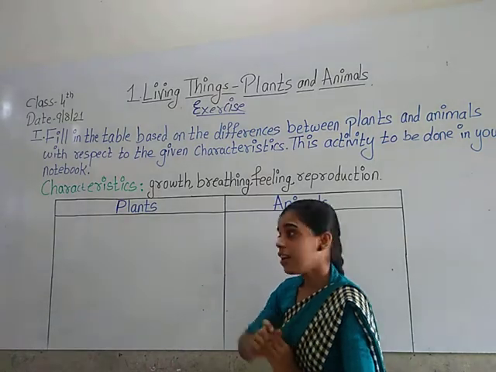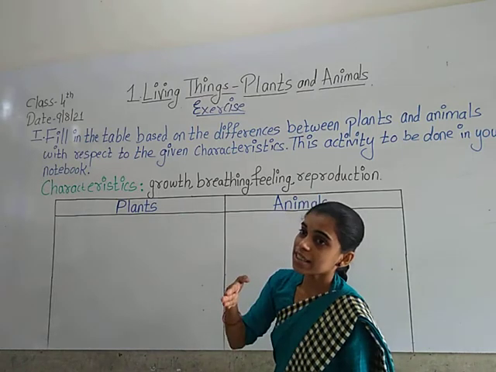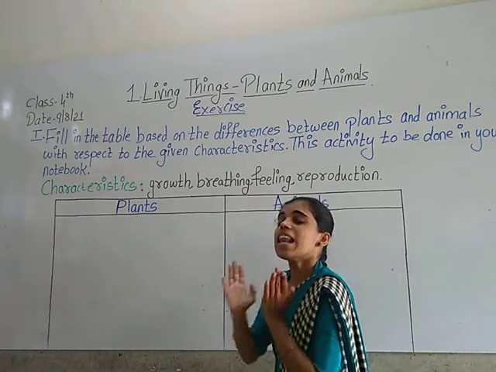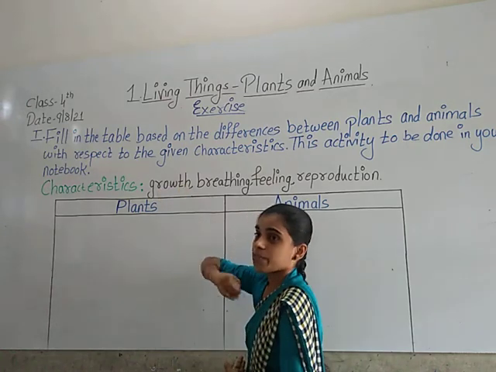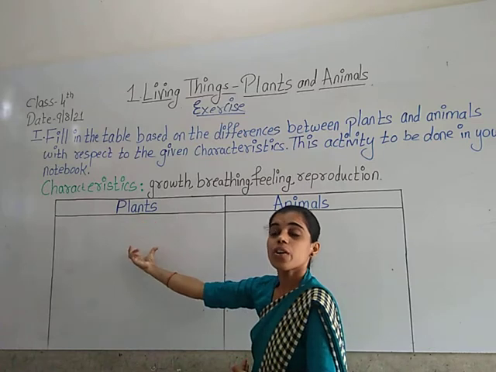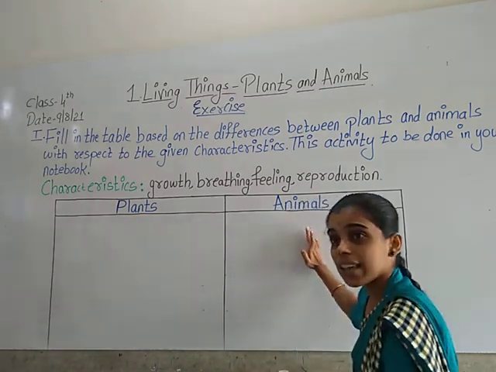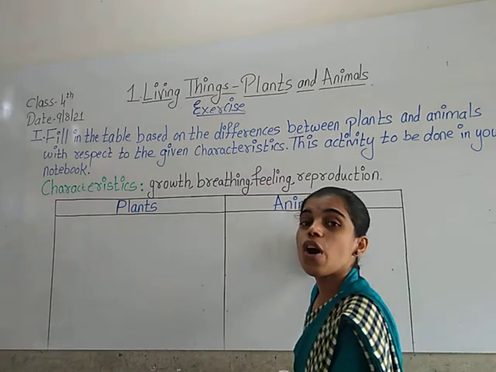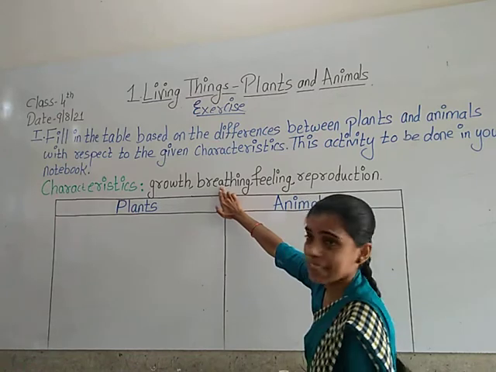And they have given some characteristics of animals and plants. Let us read the characteristics. First one, growth. With the growth characteristic, we have to write how there is growth in plants and the growth in animals in a table. Next characteristic is breathing.